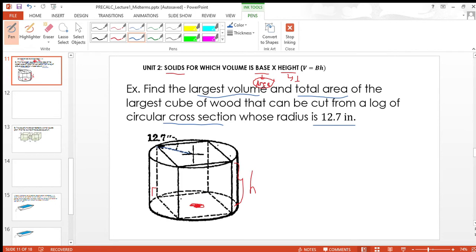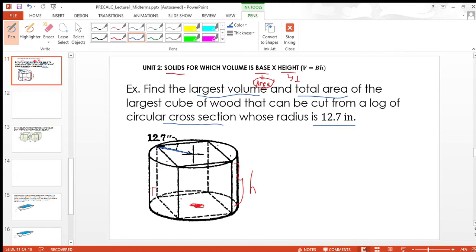Radius is 12.7 inches. So if we would like to maximize the wood, we will now be considering the cube wherein in the cross section the corners or the vertices are located on the circumference of the circle.